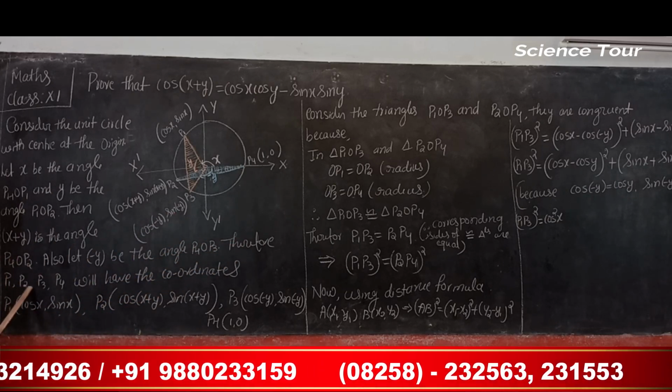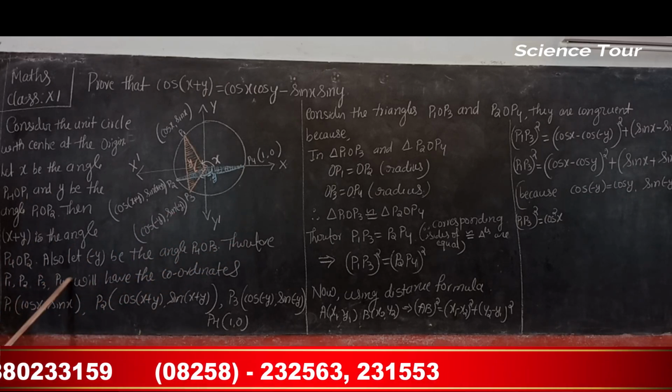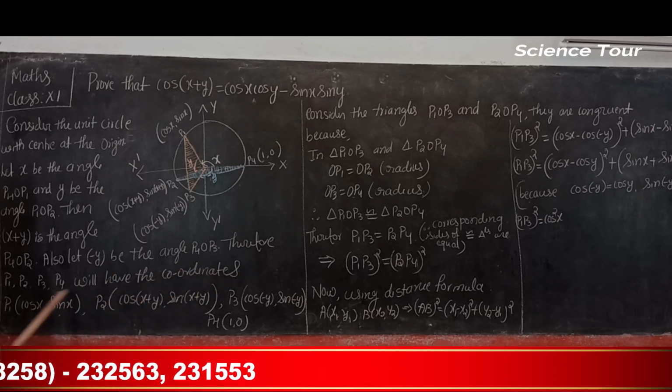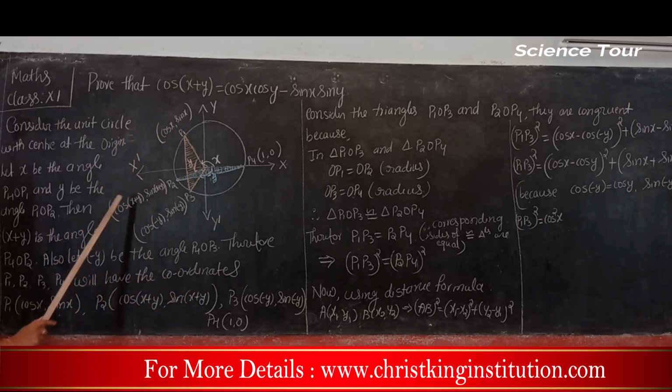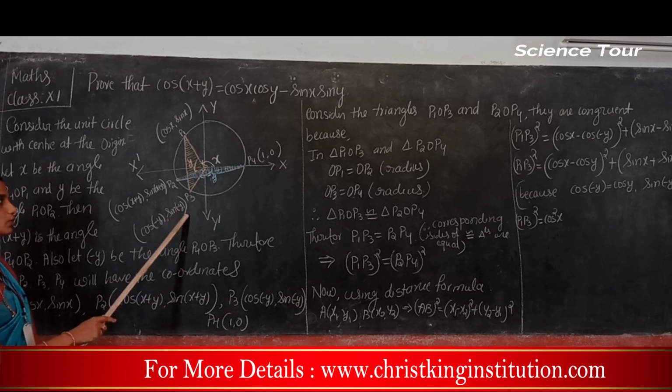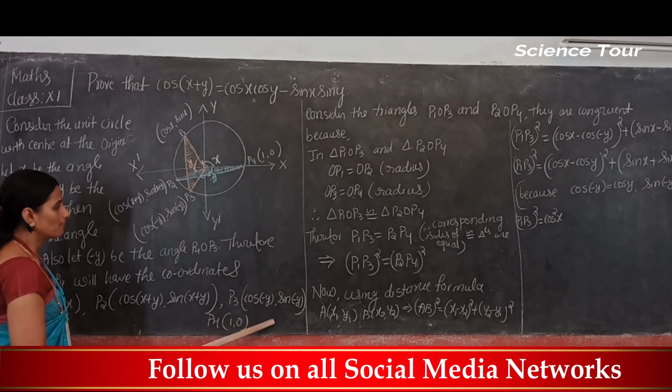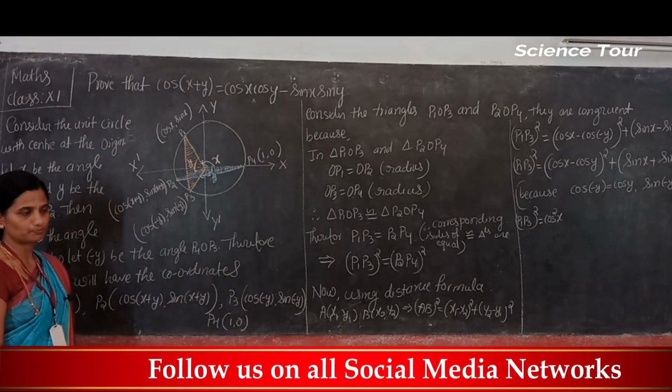Therefore, P1, P2, P3, P4 will have the coordinates: P1 is cos x, sin x, P2 is cos of x plus y comma sin of x plus y, P3 is cos of minus y comma sin of minus y, and P4 is 1 comma 0.